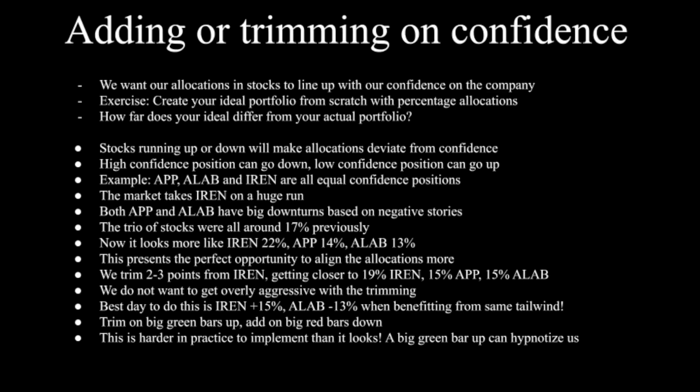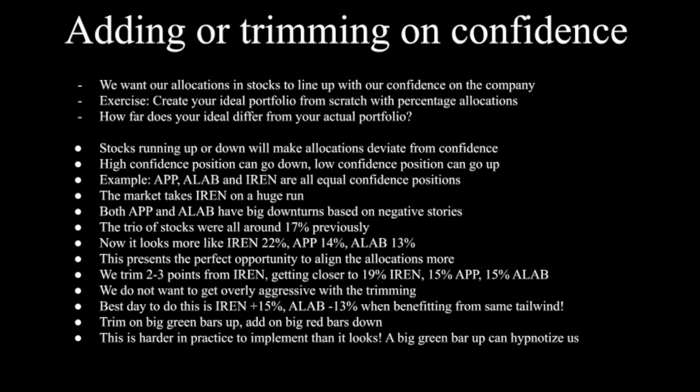However, we didn't really buy into the thesis of these negative stories, so it didn't impact our confidence on these companies very much. The trio of stocks was previously allocated around 17% per stock. But based on those recent events, the actual allocations became that Iron was 22%, AppLovin was 14%, and Astera Labs made up 13% of our portfolio.